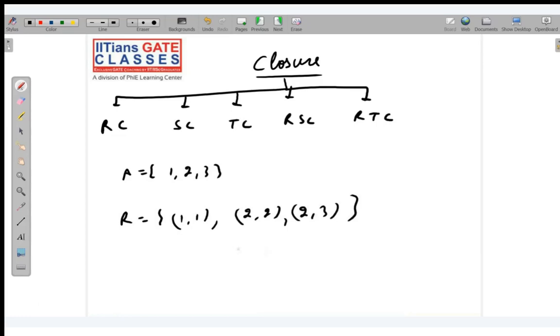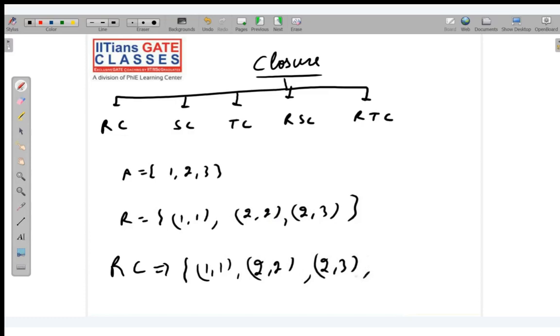Now, what should be the reflexive closure? Reflexive closure means you add the minimum number of elements in such a way that the parent relation becomes reflexive. We can add, we cannot subtract. So first of all, we will copy this relation as it is: (1,1), (2,2), (2,3).